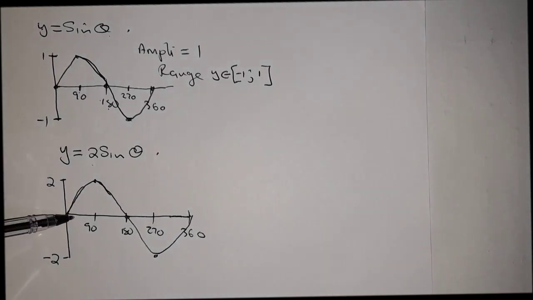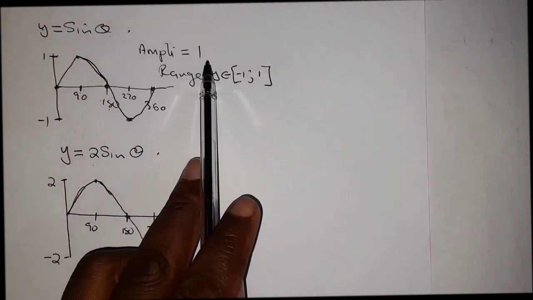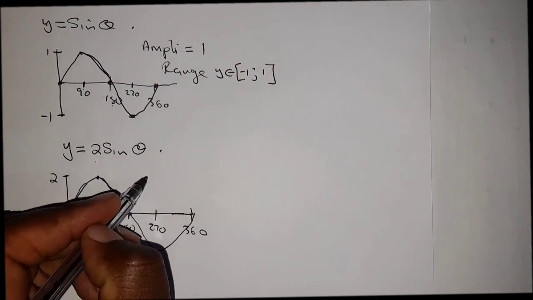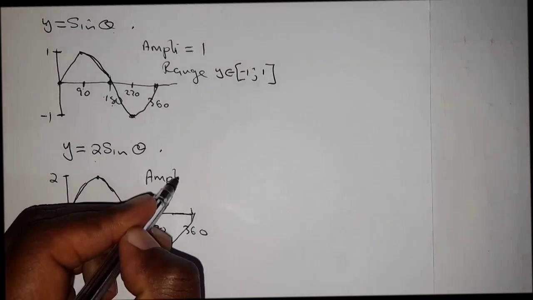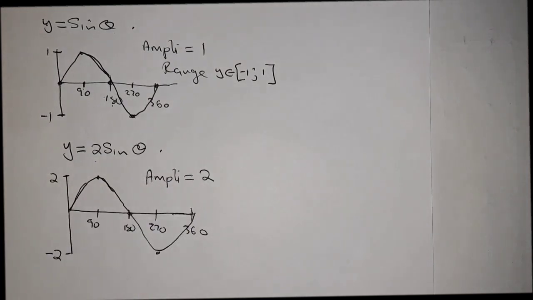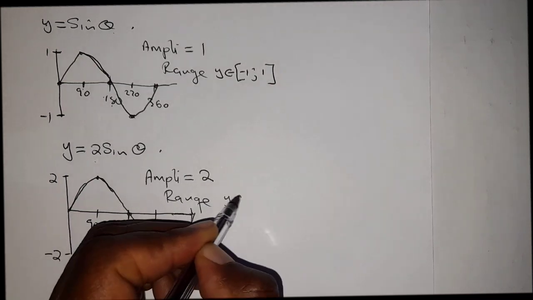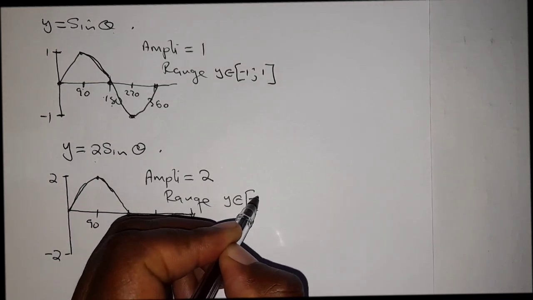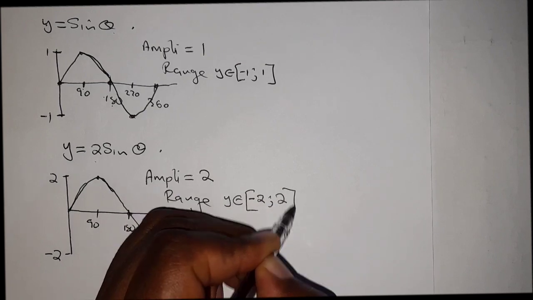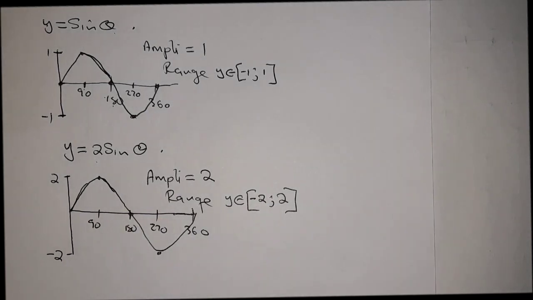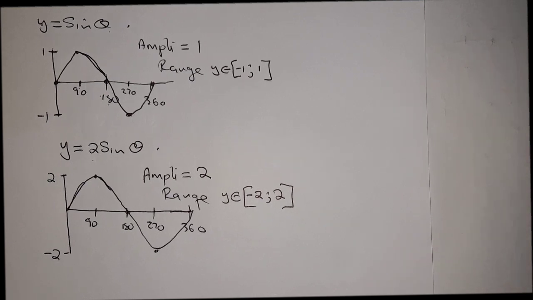So the amplitude in the first one is 1, and the amplitude here is 2, and the range, the y values, are from -2 to 2. That is the difference there. So our amplitude is 2 for the second one.